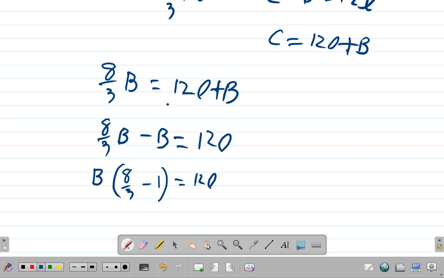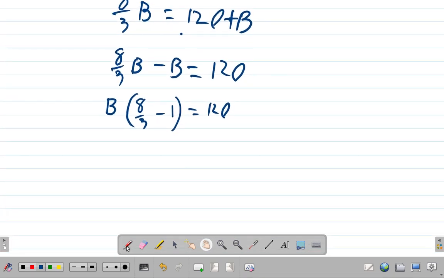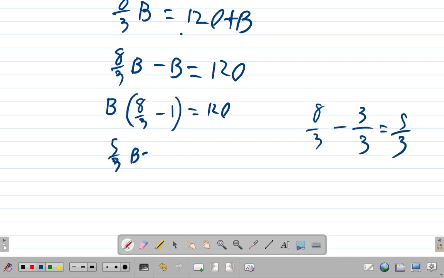Let's work out 8/3 minus 1 on one side. With common denominators, 1 is 3 divided by 3. 8/3 minus 3/3 is 5/3. So you have 5/3 B is equal to 120. Therefore B would be 3 times 120 divided by 5, if you multiply both sides by 3 and divide by 5.